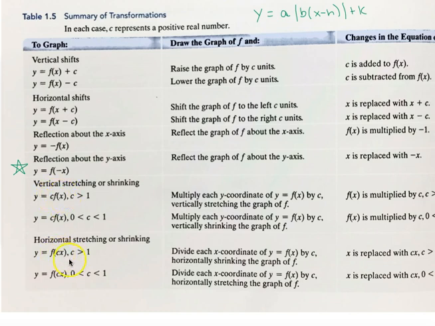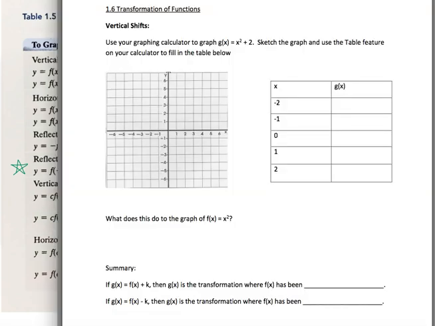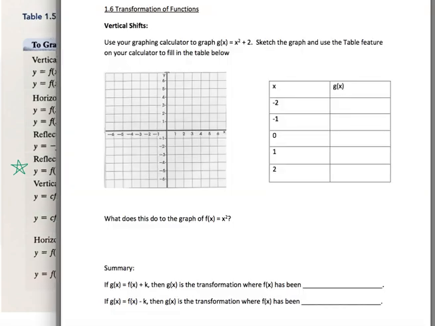On horizontal, it's multiplied on the inside. So we're going to do some more work with this momentarily, but I just wanted to briefly show you this valuable resource that's in your text, in case you want to use it for your studying.